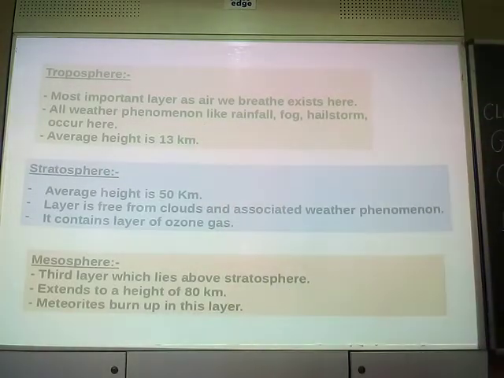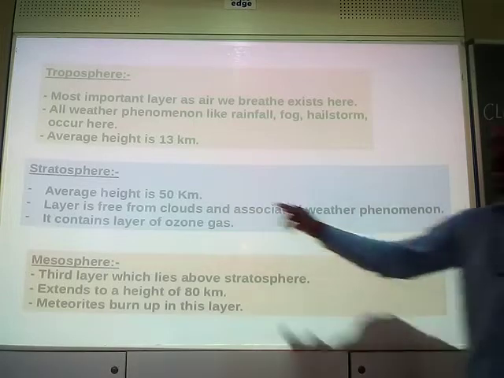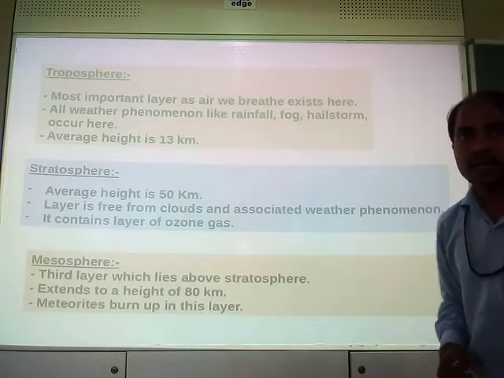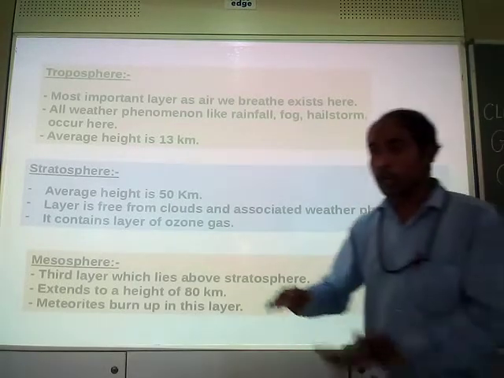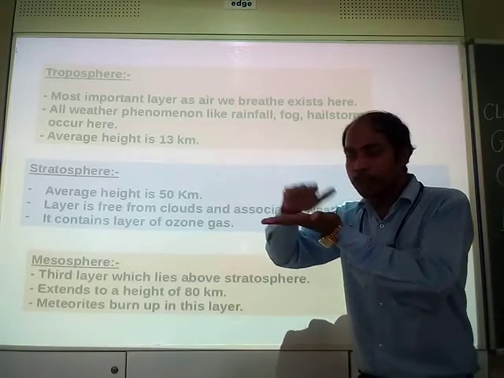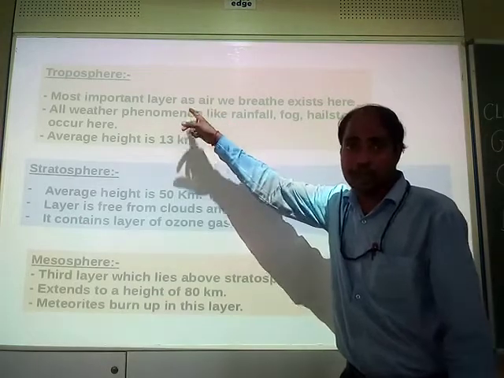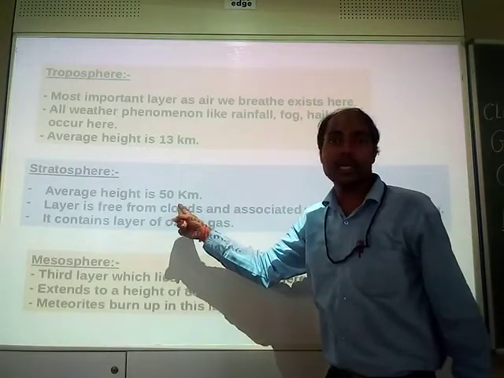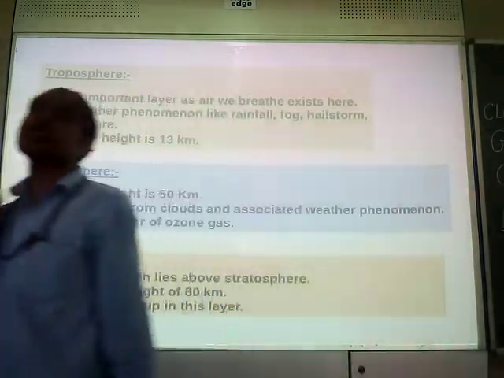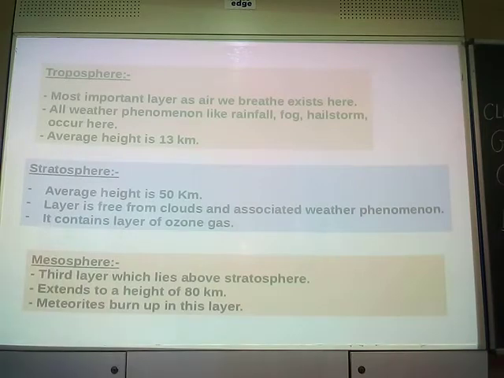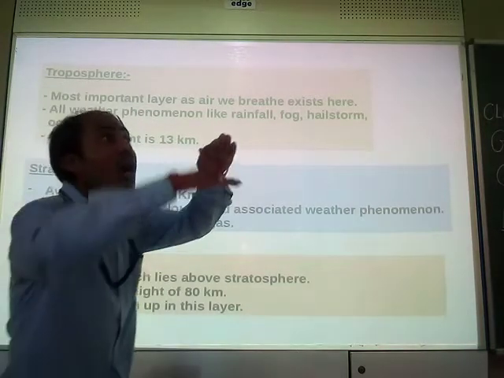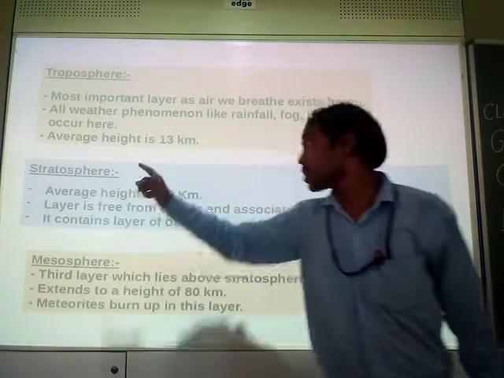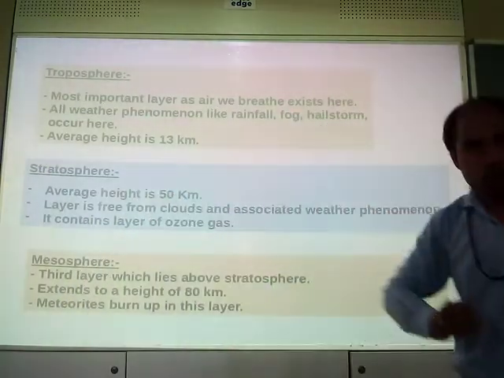Clear? Yes. Now coming on to another layer which is above troposphere, that is stratosphere. Right? You might have remembered up to 13 kilometer it is troposphere. From 13 kilometer to 50 kilometer it is stratosphere. So the layer which extends up to a height of 50 kilometer is stratosphere.